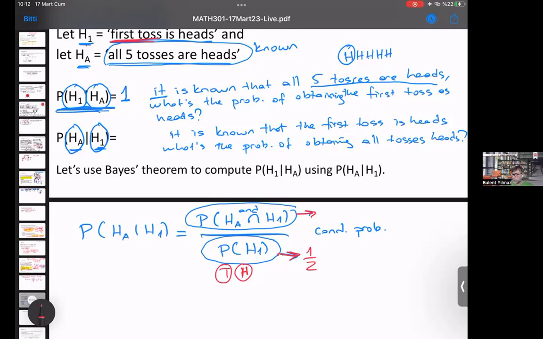It's going to be 1/32. And finally, 1/32 times 2 over 1 is 1 over 16.